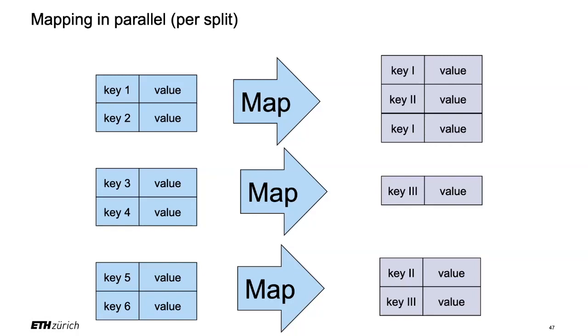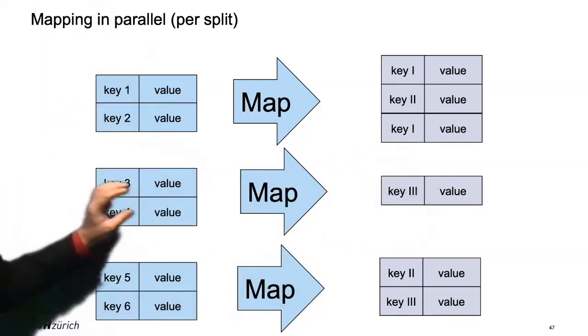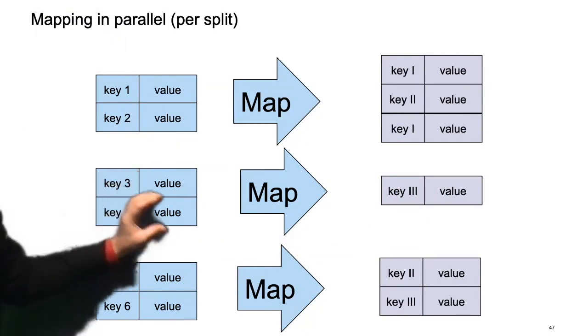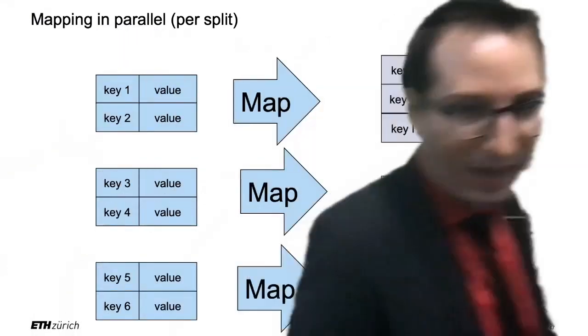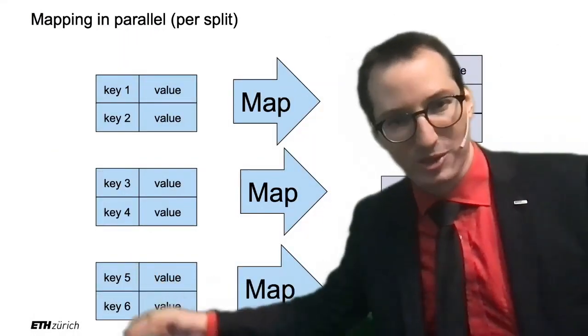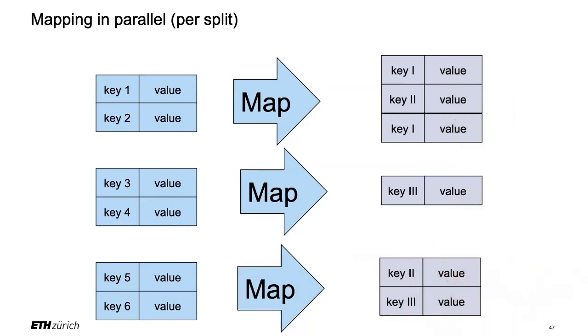Then you have the second split, where you call the function on 2 key values, and you put together all the intermediate key values. By the way, in that case, probably this one or this one generated 0 intermediate key values and the other one just 1. This is why you have just 1 here. And then you again have another split with key values. You apply the map function to each one of them and get an intermediate partition right there.